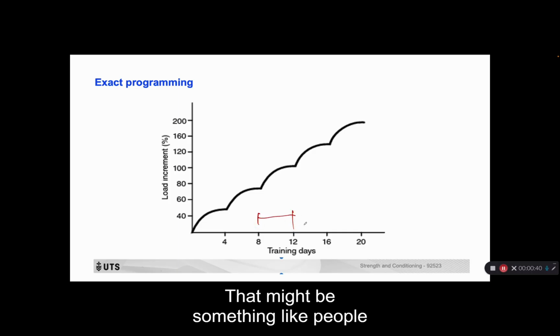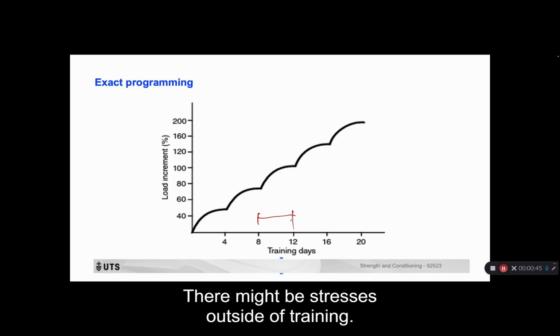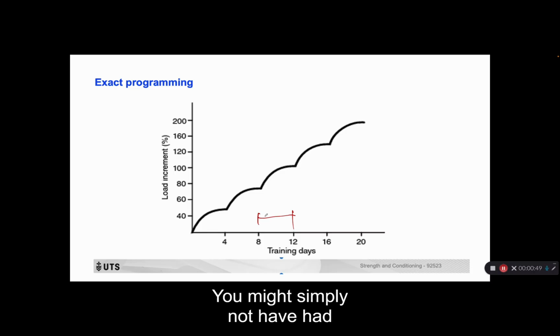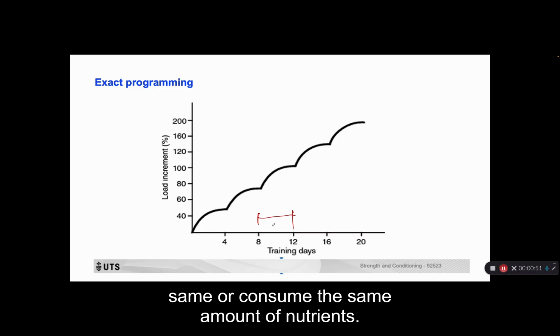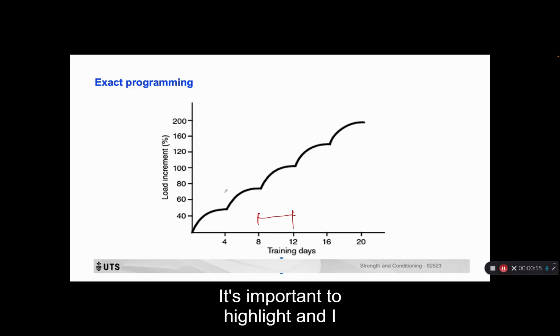But as we talked about before, there are so many different things that can happen in a 4-day period. People aren't recovering in the same way. There might be stresses outside of training. You might simply not have the opportunity to sleep the same or consume the same amount of nutrients. So it's important to highlight that progression is certainly not a linear thing.